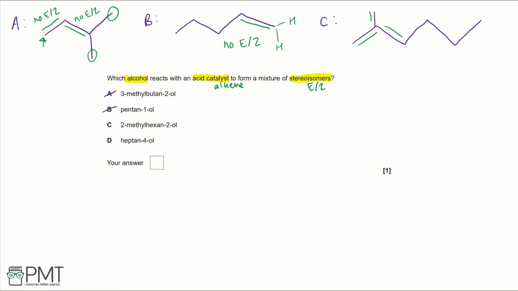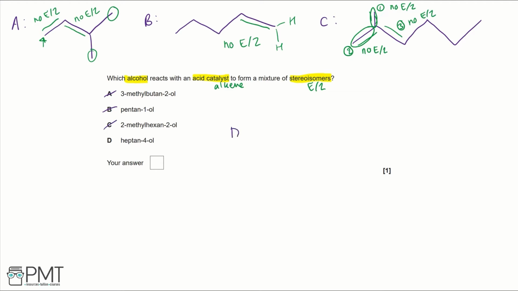So this first one, we have 2 hydrogens, so we can't have EZ isomerism. Also, on this second one, we have 2 hydrogens, so we can't have EZ isomerism. And then on number 3, we've got 2 CH3 groups, so there's no EZ stereoisomerism. So it can't be C.